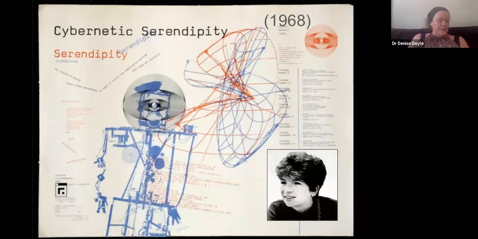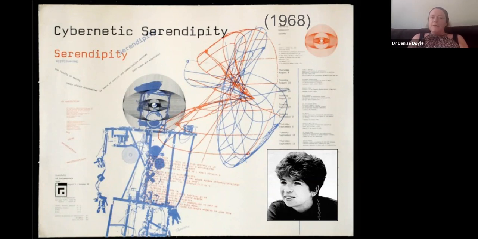The first exhibition in the UK that experimented with presenting the work of scientists and engineers and musicians and artists alongside each other was held at the ICA in London in 1968, that's the Institute of Contemporary Arts.